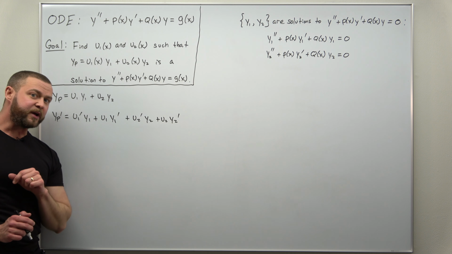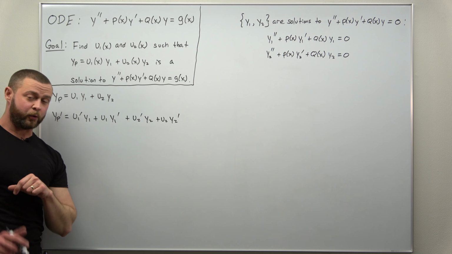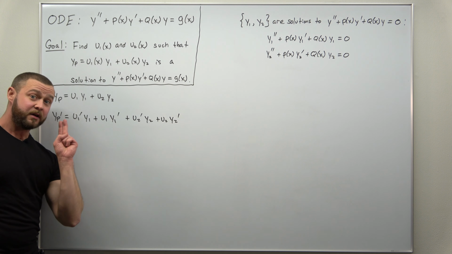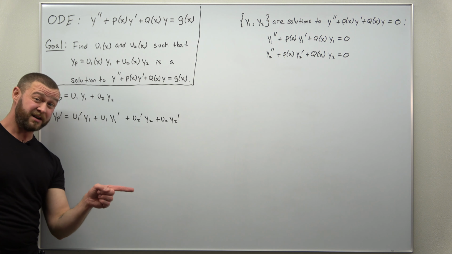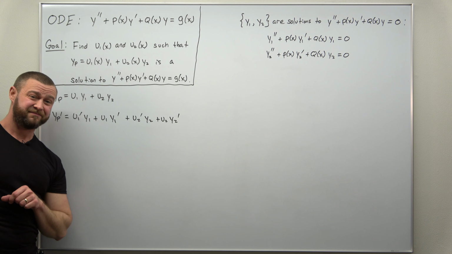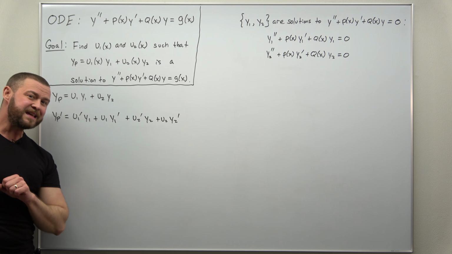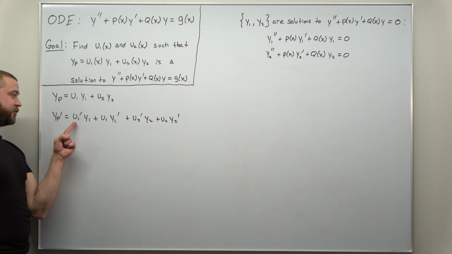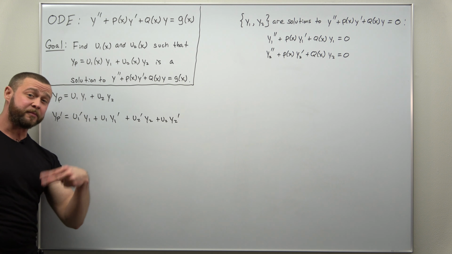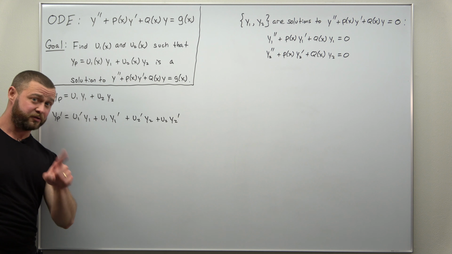Now what's going to happen if we continue with that is we're going to replace one second order differential equation with two second order differential equations for u1 and u2. And that doesn't simplify it. So we're going to make a simplifying assumption here that prevents u1 prime and u2 prime from turning into u1 double prime and u2 double prime.